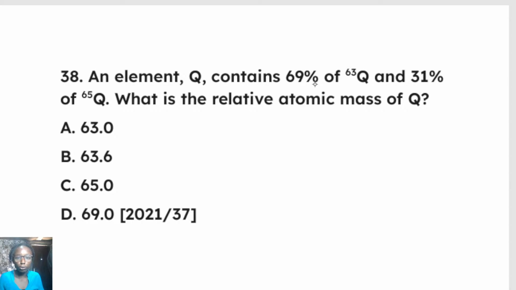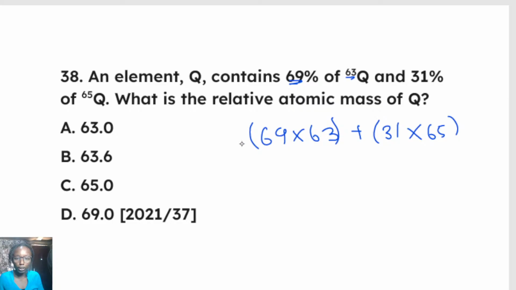So we can do this very quickly. If we have 69% of 63, we multiply 69 times 63. We add that to 31 times 65, and we divide all of that by the total, which is 100%.